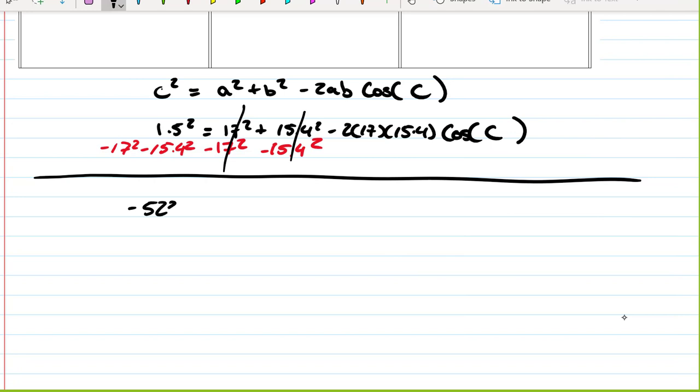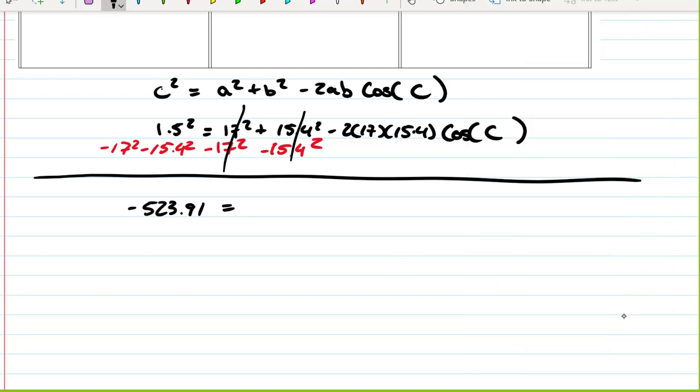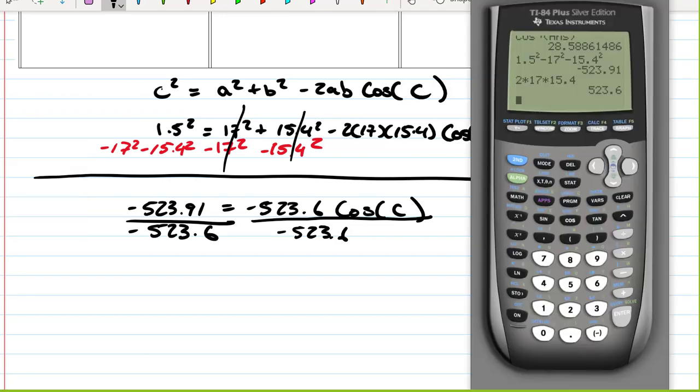Negative 523.91 is equal to, and then in front of the cosine we have 2 times 17 times 15.4, and we get 523.6. So negative 523.6 cosine C. So we divide by negative 523.6.